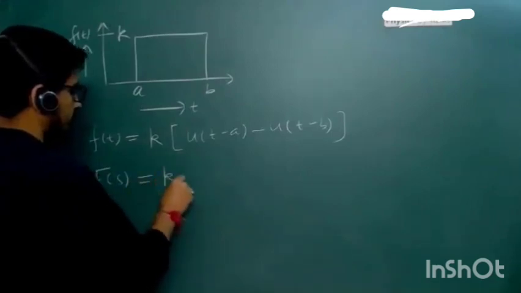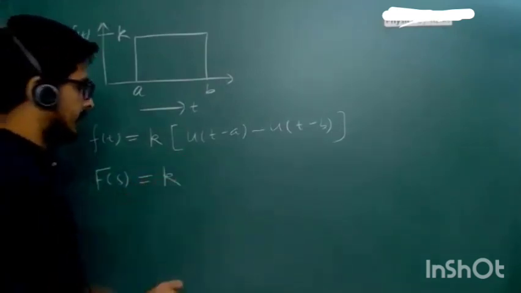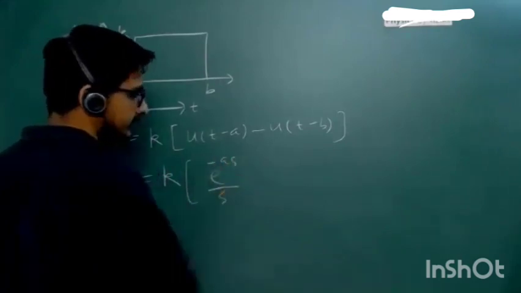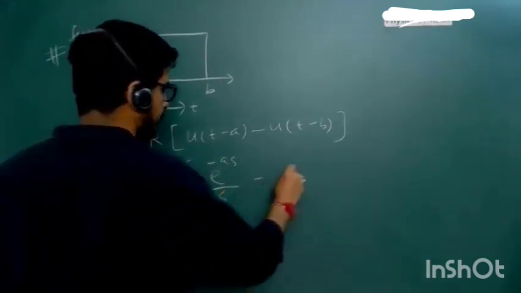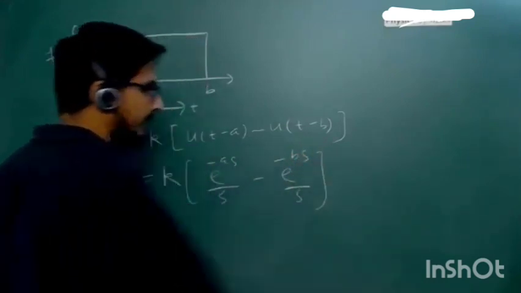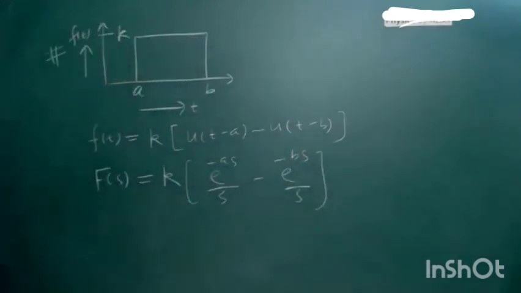That will be equal to k times, what was told about this? e to the power minus as by s minus e to the power minus bs by s. That is what I told, right? What was the Laplace of u t minus a? Yes, sir.